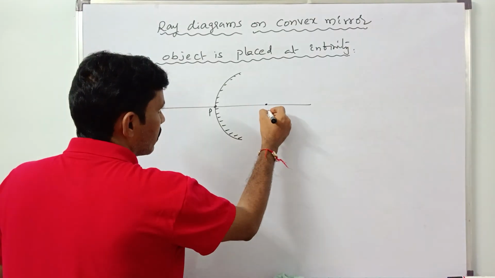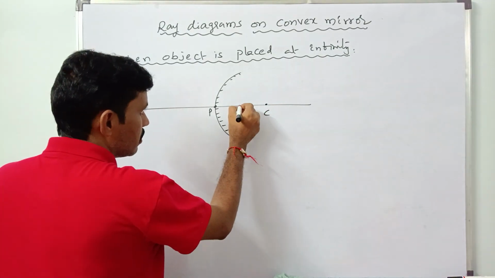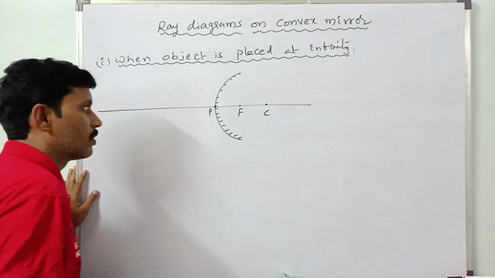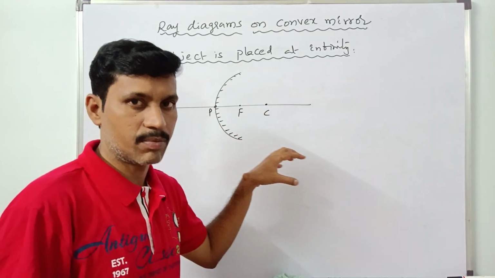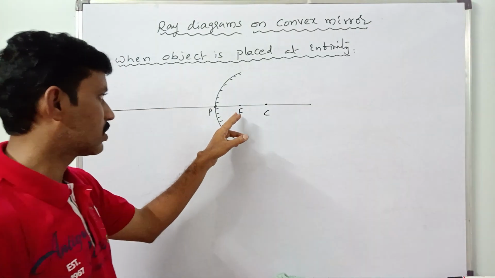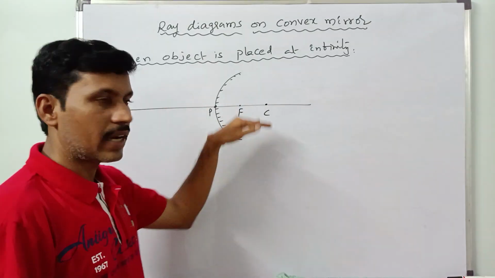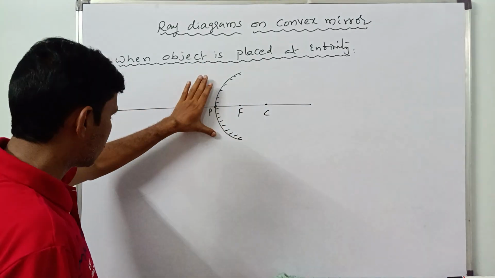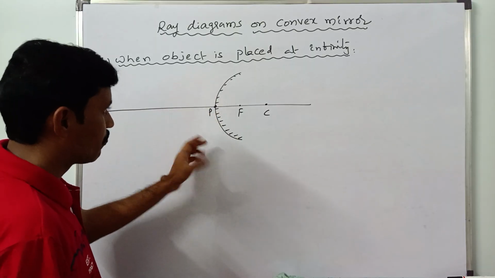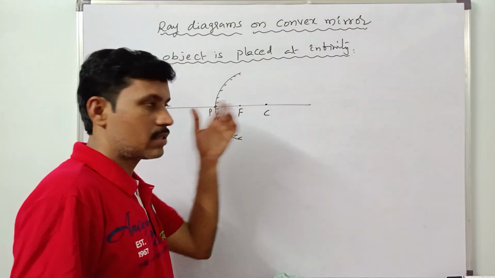Here there is a center of curvature C, and a midpoint, the focus point. In case of convex mirror, the center of curvature and focus point are behind the mirror. This is the reflecting surface, that's why it acts as the mirror, and behind the mirror there are the center of curvature and focus point.